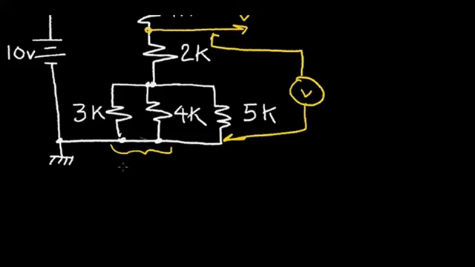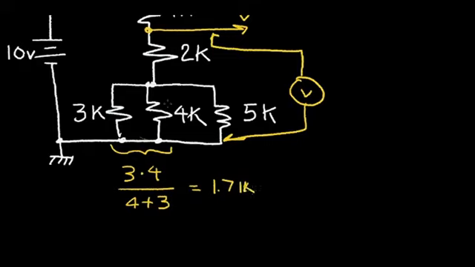So here I have the product, which is 3K times 4K divided by the sum, which is 4 plus 3. And in this case, if you do the math, that should be 1.71K.